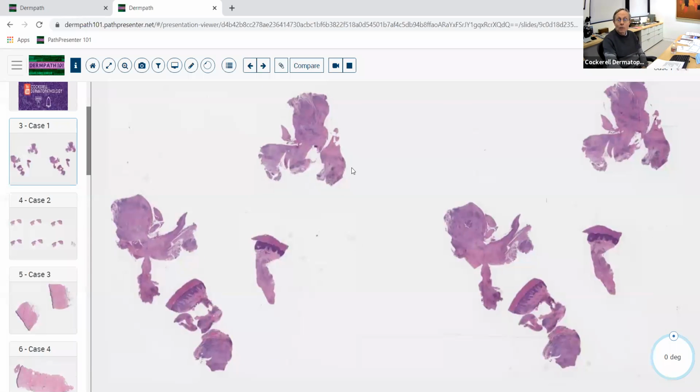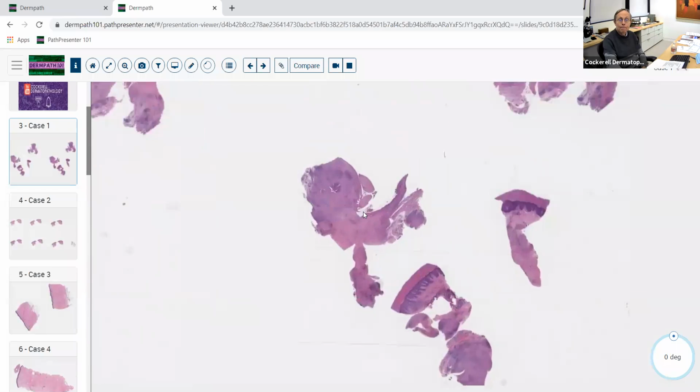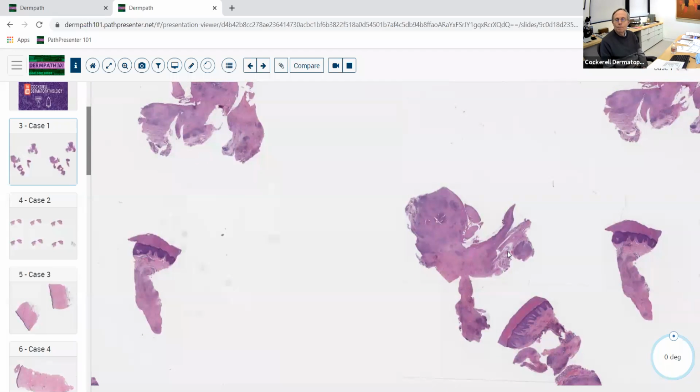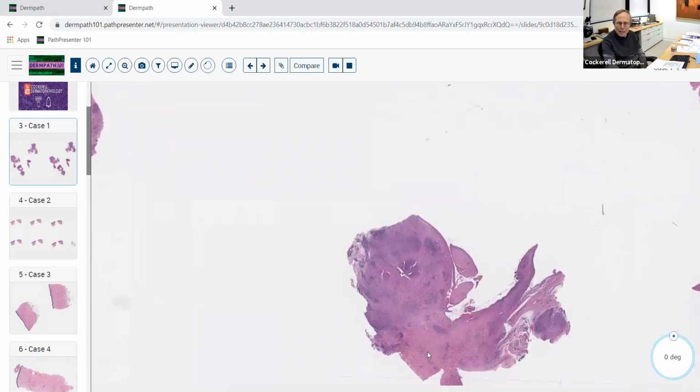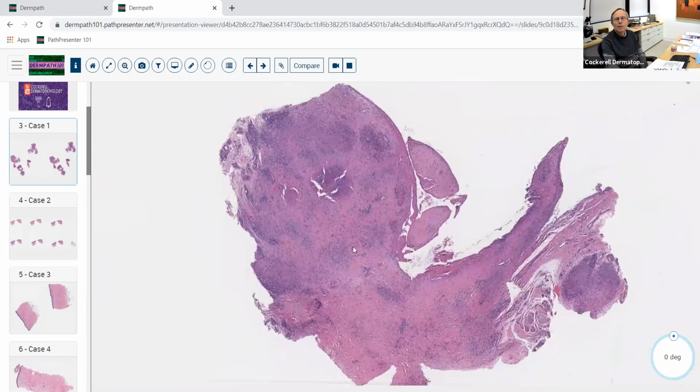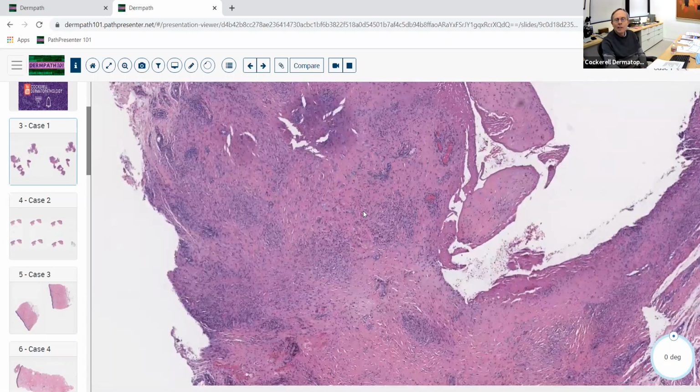So start off with this one. It looks like a biopsy that was taken in multiple different ways. They probably did a punch, and then they noticed the lesion was kind of deep, so they tried to do an enucleation biopsy. And here we've got a granulomatous dermatitis with histiocytes in the dermis.